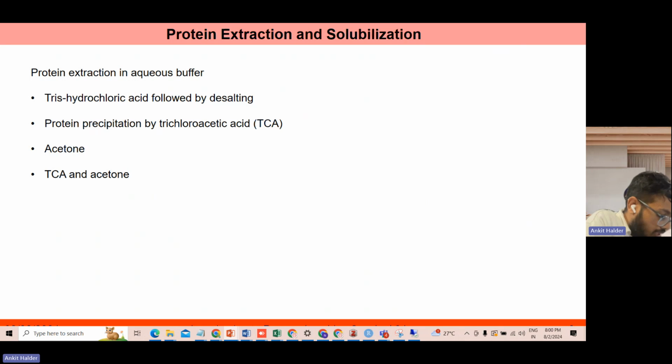Next, we appreciated that there should not be any contamination of nucleic acid, lipid, polysaccharides, salts, etc., depending on the biospecimen. I will repeat once again, serum proteomics and CSF proteomics will have their own challenges, as do bacterial proteomics and plant proteomics.